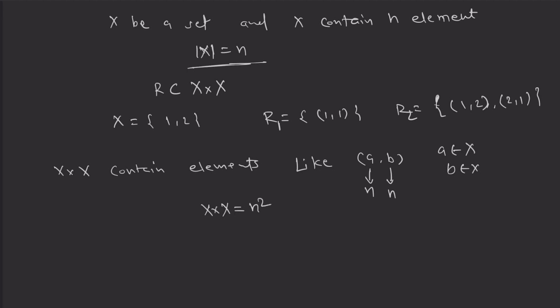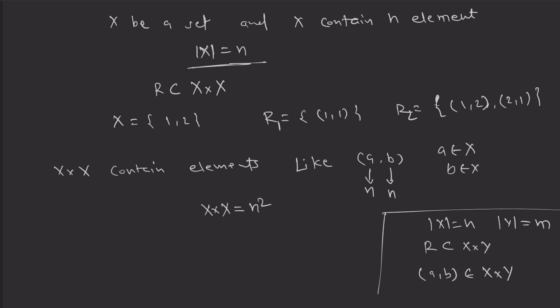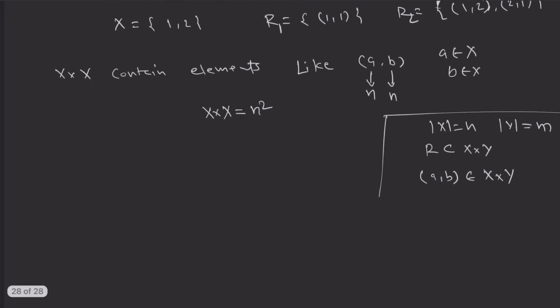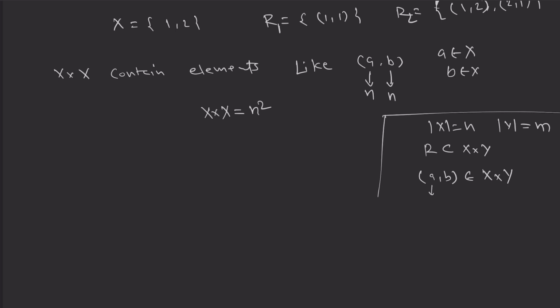N square elements. And if I define a relation on X cross Y, let X have n elements and Y have m elements, and I want to define a relation on X cross Y, then these types of elements are there in X cross Y. For this a, there are n choices because a belongs to X and X has n elements, and for b, there are m choices.